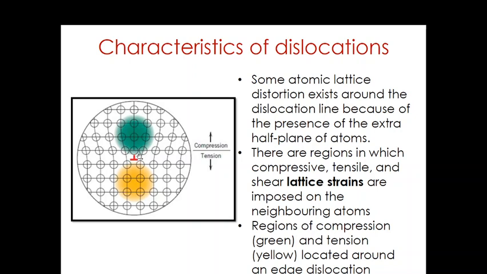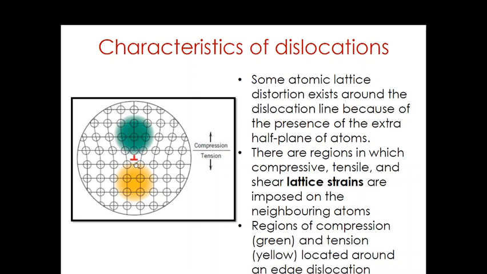For example, atoms immediately above and adjacent to the dislocation line are squeezed together. As a result, these atoms may be thought of as experiencing a compressive type stress field relative to the atoms positioned in the perfect crystal and far away from the dislocation line.